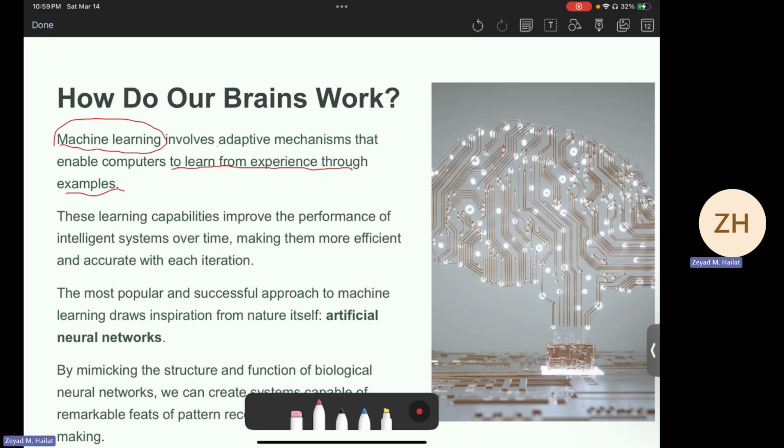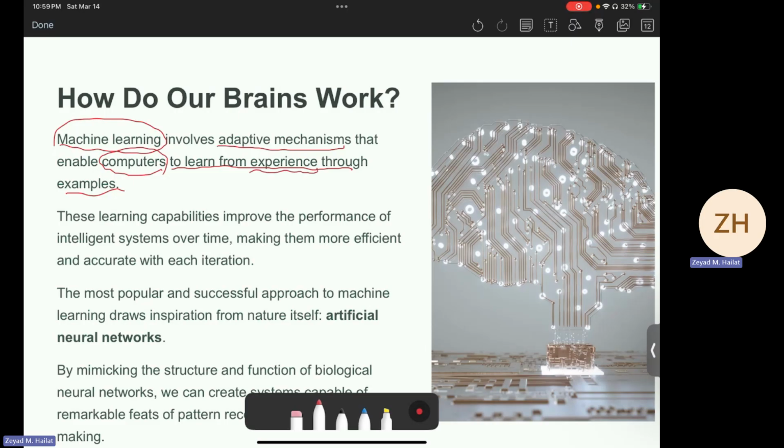So machine learning came from the adaptive mechanism, adapting to a set of examples that will enable the computers. We know computers work based on software, so they use software to operate.